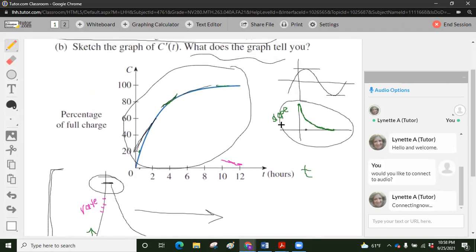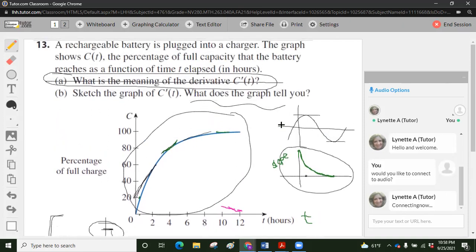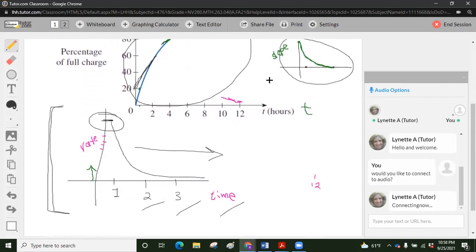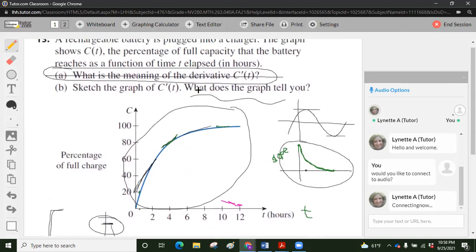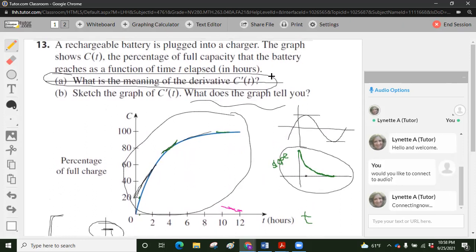Anyways, I just thought that you were saying that thinking about what does the graph tell you will help you sketch the graph. No, what I was referring to was part A. And I think fully understanding part A and what it means to look at the derivative. Oh, gotcha. Yeah, I think that would have helped me.